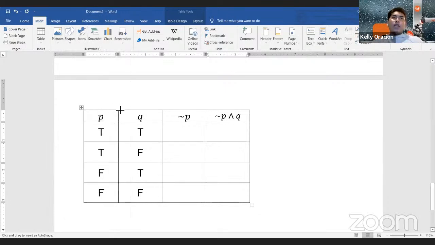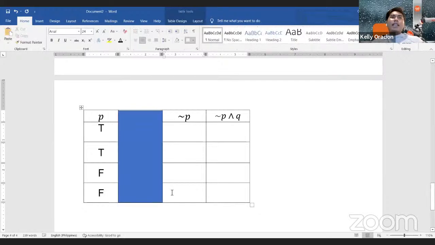Tabon na natin ang Q, kasi P muna. So this one is false, false, true, true. After that, kompleto na, masolve na natin ito.